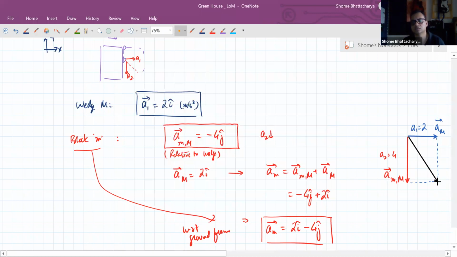So this is the net acceleration of the block with respect to the ground plane. It has a magnitude of this much.